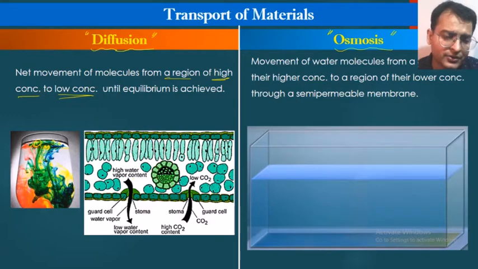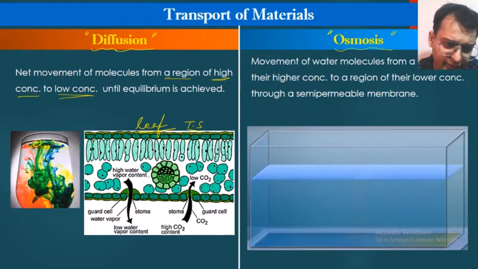In plants, here what we are seeing is a transverse section of a leaf. Okay, it is a transverse section of a leaf. So inside the leaf there is water, and the content of that water vapor is much higher than that in the atmosphere.